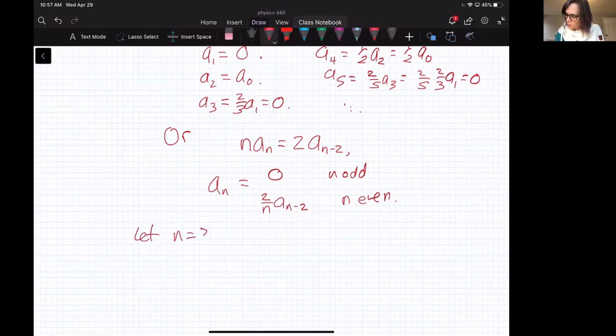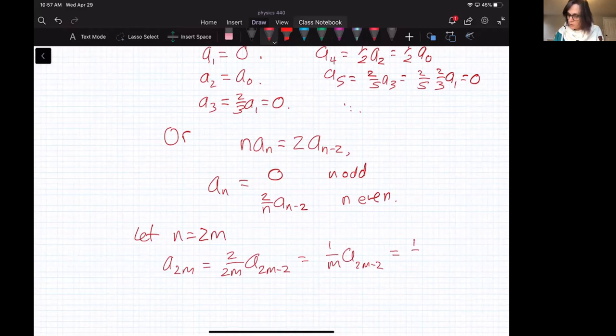n be equal to 2m. We'll just reindex everything. And a sub 2m is going to be equal to 2 over 2m times a sub 2m minus 2. And that's equal to 1 over m times a sub 2m minus 2.